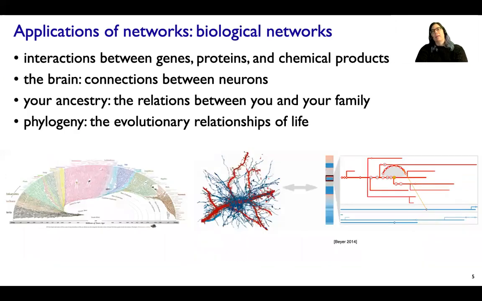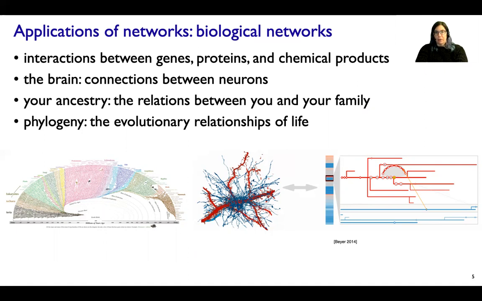And, even more examples, biological networks. There's all kinds of networks in biology. There's things like protein-gene interaction networks. That is, how do genes actually interact with each other, creating proteins and other biomolecular products. There's also the network of how neurons connect with each other in your brain. There's the network of the relationship between you and your parents and your grandparents and aunts and uncles and so on.